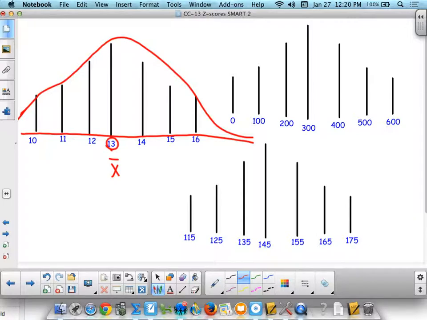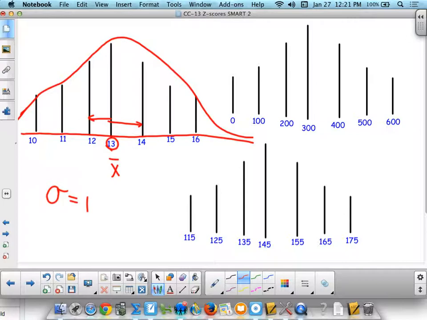Can you tell me what you think the standard deviation is? Up one, back one. What is it? Standard deviation is 1. Agree? Okay. And if I said you go 1 standard deviation, what number correlates to 1 standard deviation? 14.